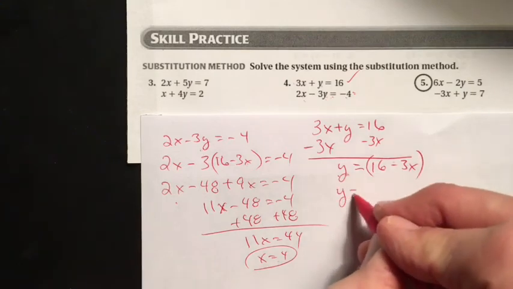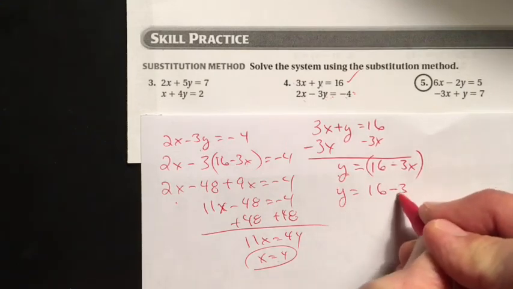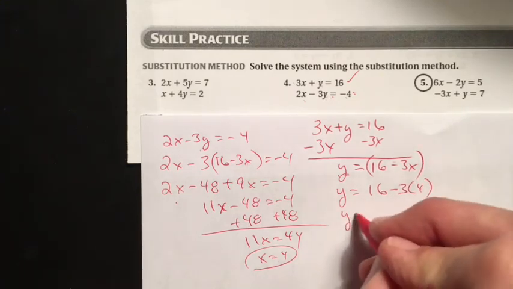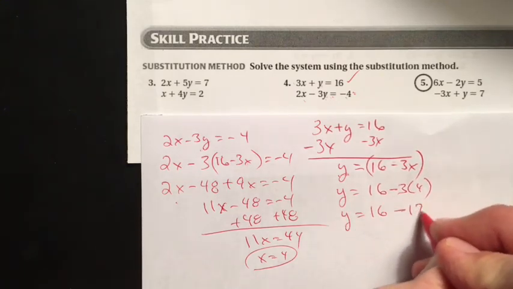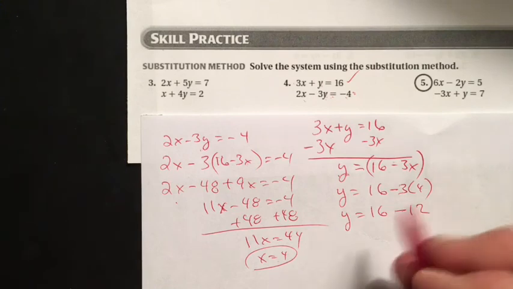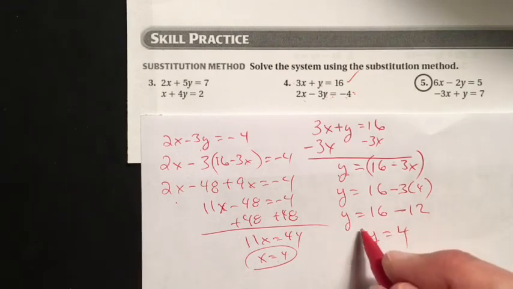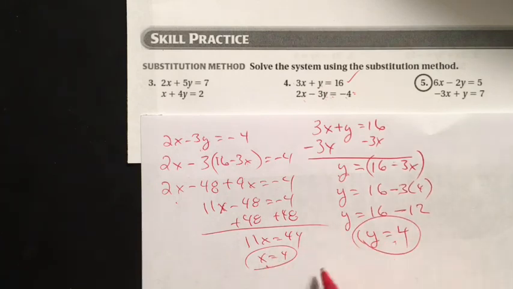So y equals 16 minus 3 times 4, so y equals 16 minus 12. That gives me y equals 4. Hey, there you go. 4, 4 is where these two lines will meet. All right, good luck with the practice.